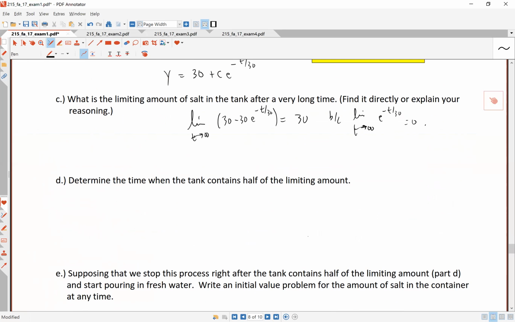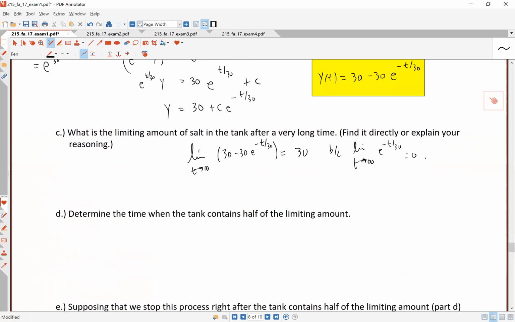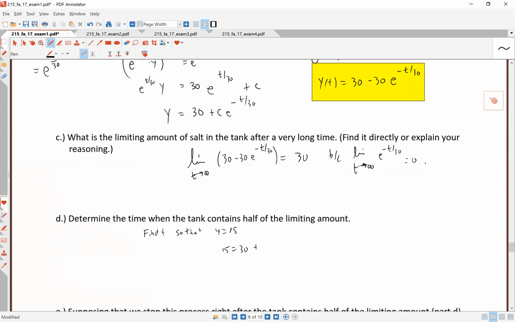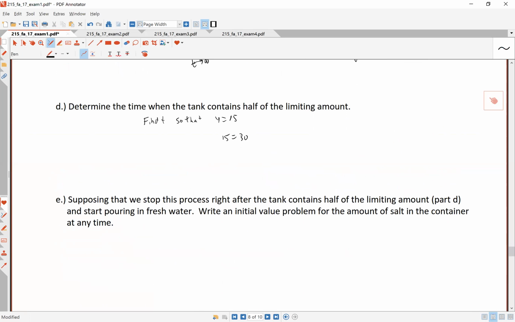When will the tank contain half of the limiting amount? Well, that's going to be find t so that we have half of the limiting amount. 15 equals 30 minus 30 e to the negative t over 30. 15 minus 30 is negative 15.